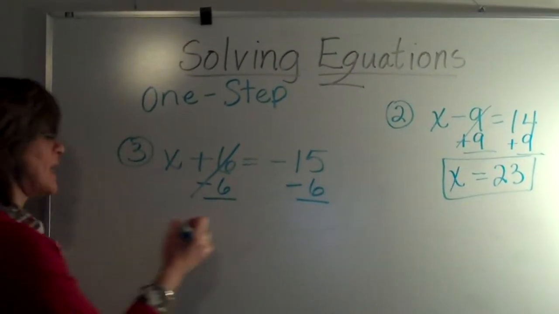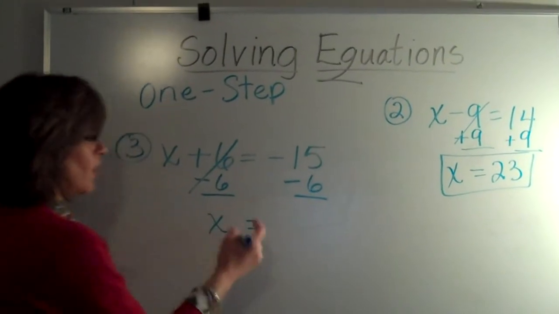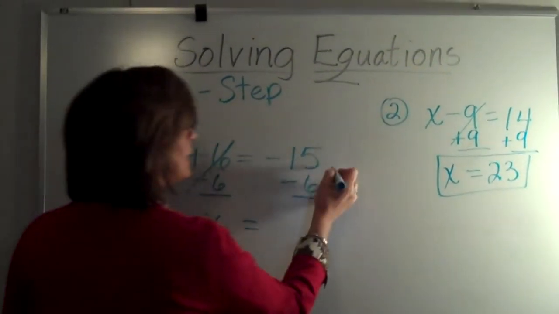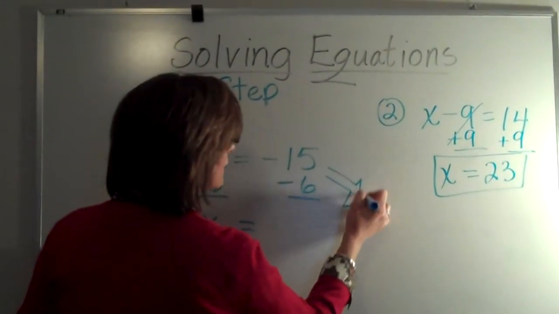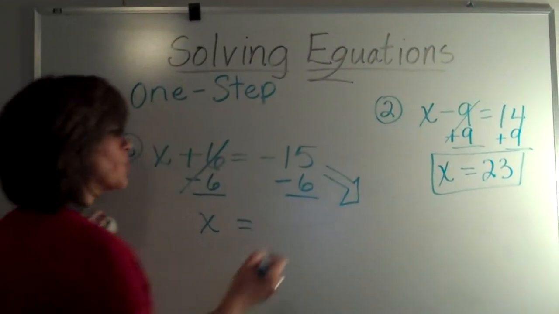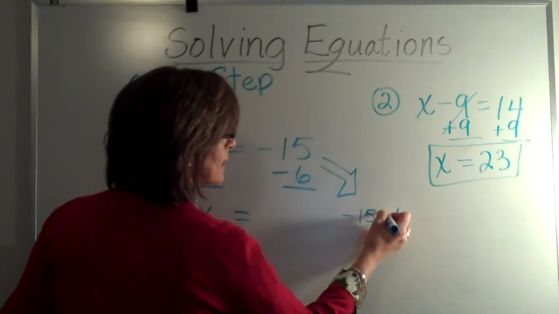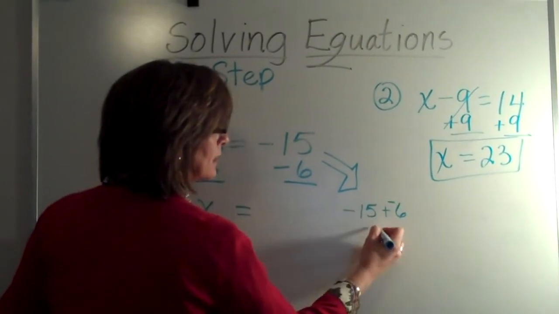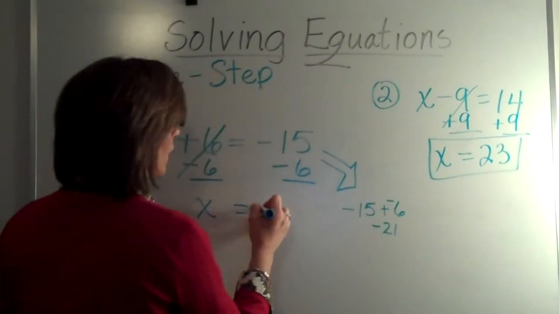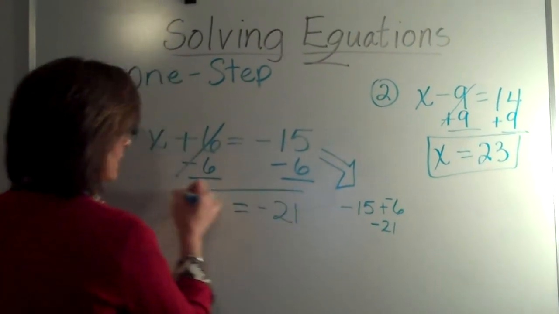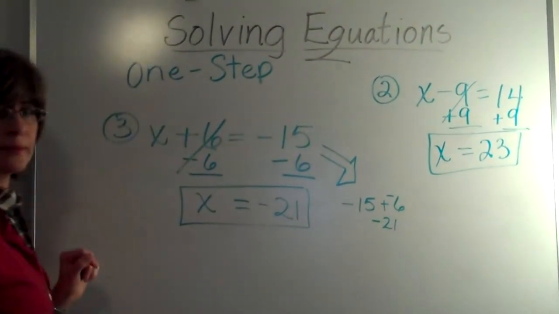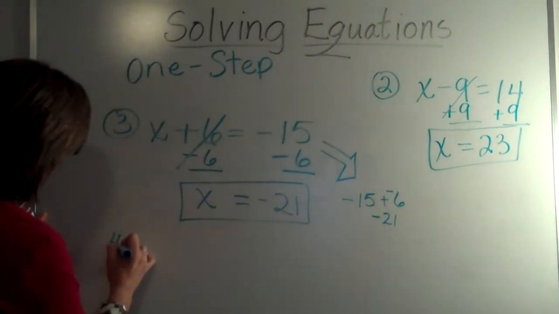This side cancels out. Now this side, what we're really doing, and sometimes I think a good strategy is just to draw an arrow and write it out. -15 minus 6. Add the opposite, and you get -21. So x equals -21.